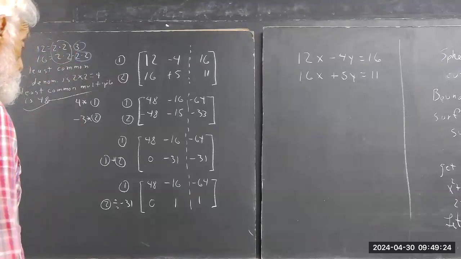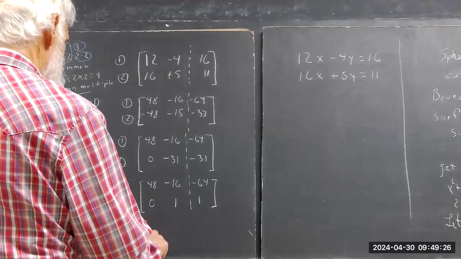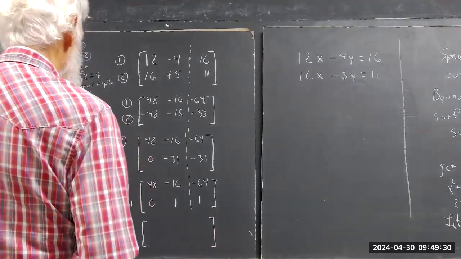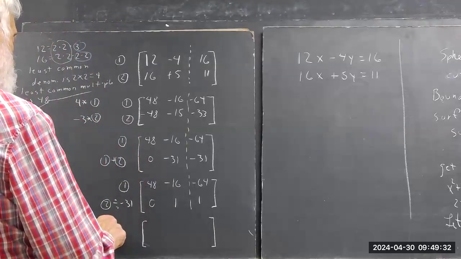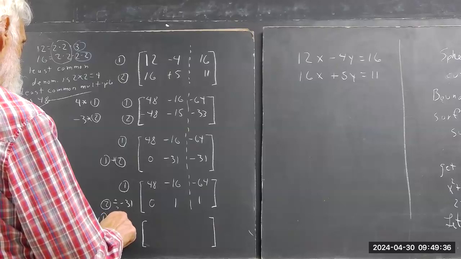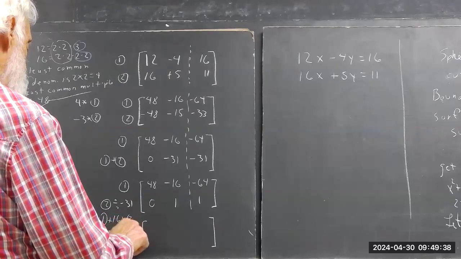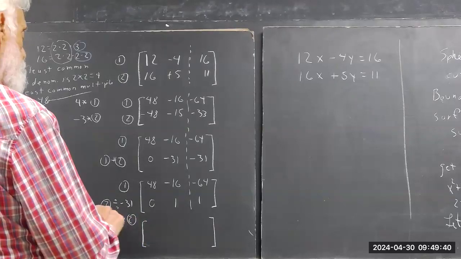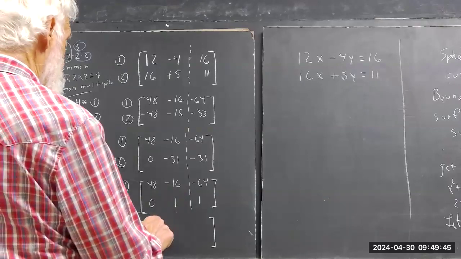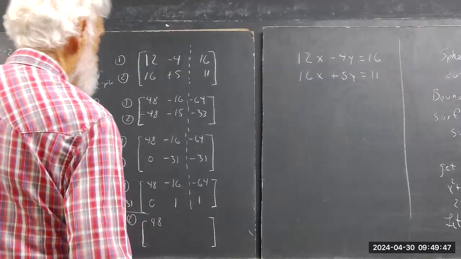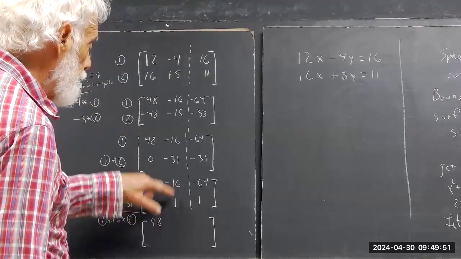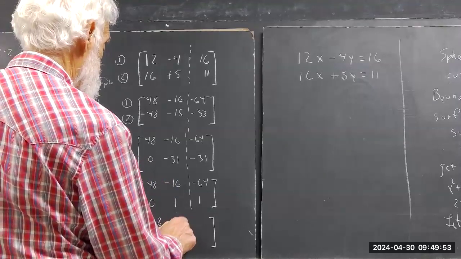And now what do I do? I add row one to 16 times row two. Well, 16 times one is 16. I add that to negative 16, I get zero.